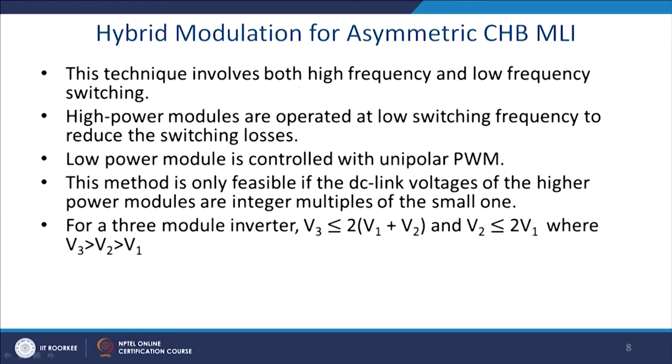The hybrid modulation with a cascade multi-level inverter will have the following features. This technique involves both high frequency and low frequency switching. High power modules are operated at a low frequency. To reduce the switching loss, we can choose a higher power device with reduced switching loss, where its switching frequency will be less, because you know that in most cases it is an IGBT, and an IGBT has current tail.